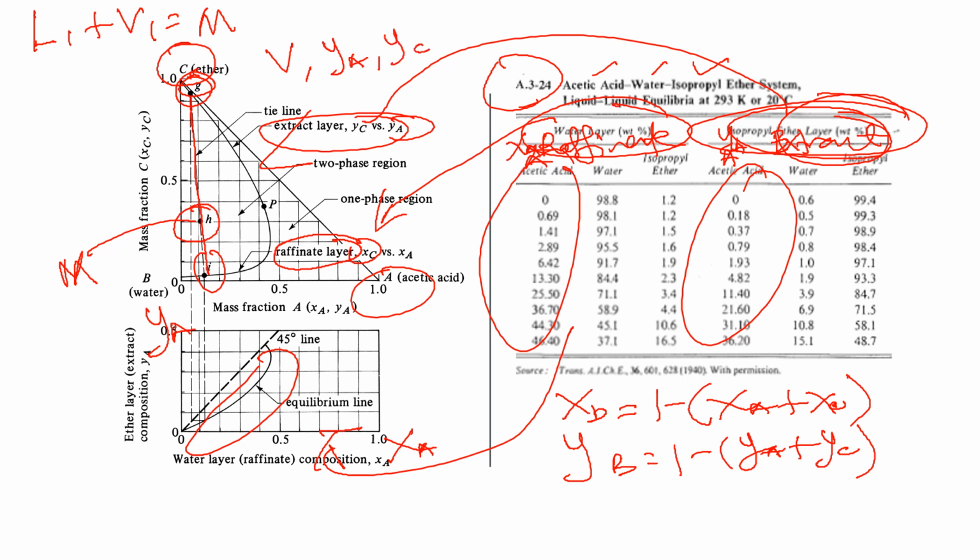The location down here, I, represents the amount and composition of the raffinate, denoted by L, with composition XA and XC.